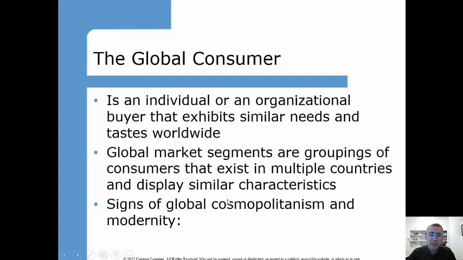There are signs of this global cosmopolitanism and modernity. If you think about what that means, it's just a person who is apt to want to be more global about requirements and demands, right?